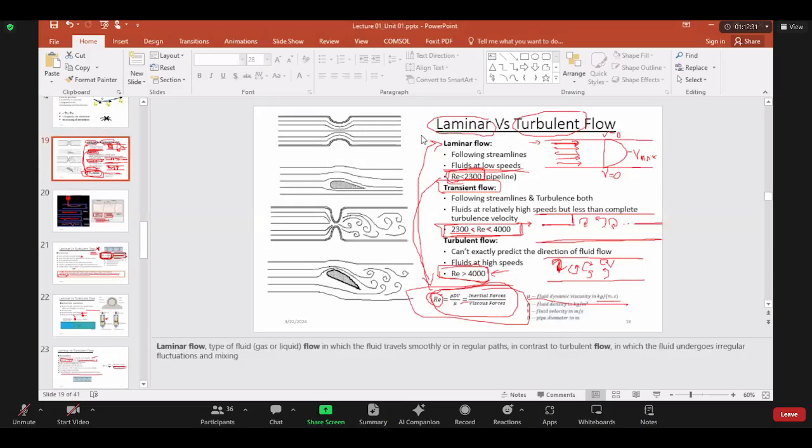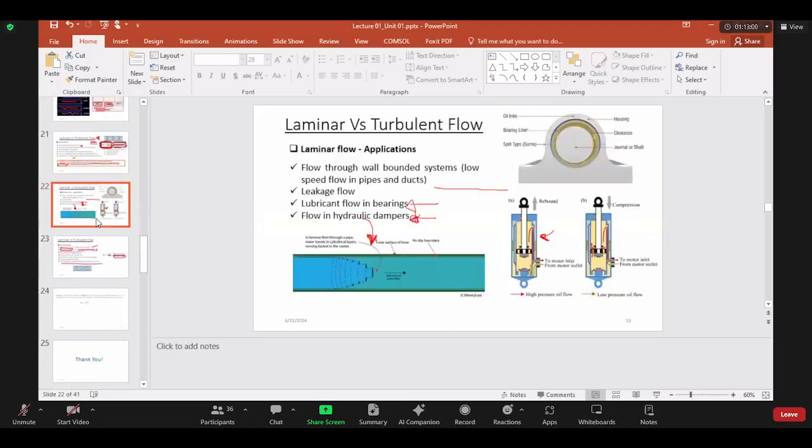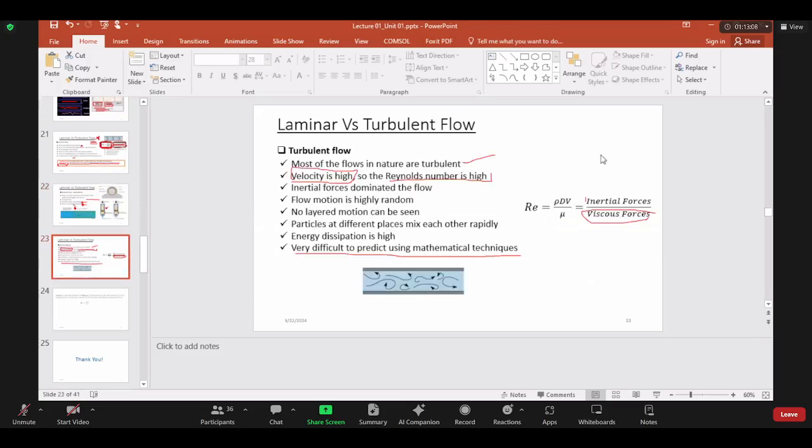And this is a very important thing: laminar versus turbulent flow, and also Reynolds number. You should remember these things because you have to do some calculations and identify the type of flow. You can search for the applications of laminar flow and turbulent flow.